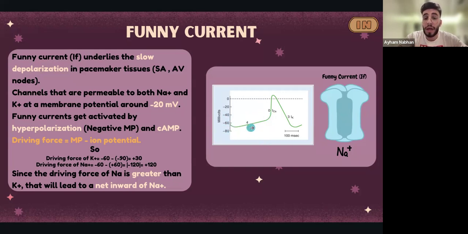Negative 40 is the resting membrane potential of the pacemaker. So when the cell membrane goes beyond this value, meaning lower than negative 40, this is called hyperpolarization. That would activate these funny currents, leading to the influx of sodium. That's it. And here it's written as cyclic AMP. Ignore it, it's not important, guys.